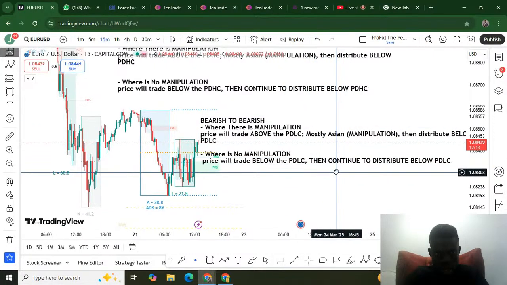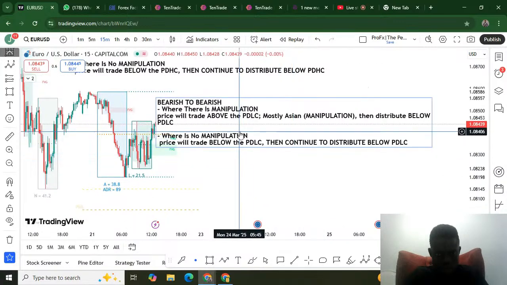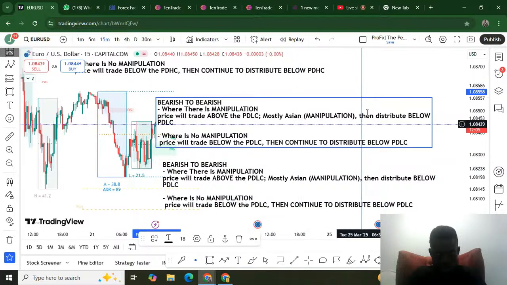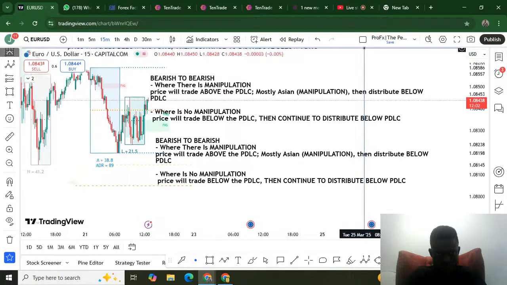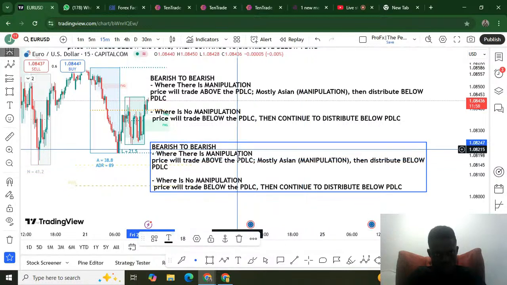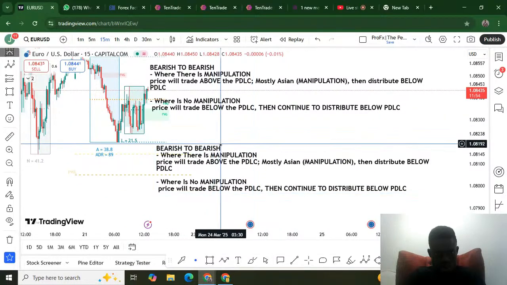Okay, let me expand this. Bullish to bullish.